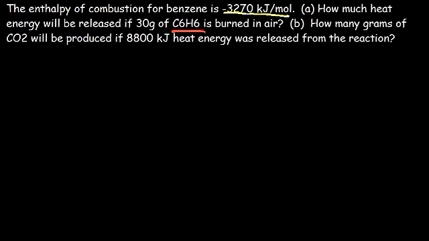So now let's focus on part B. How many grams of CO2 will be produced if 8,800 kilojoules of heat energy was released from the reaction? Well, let's rewrite the reaction because I erased it.